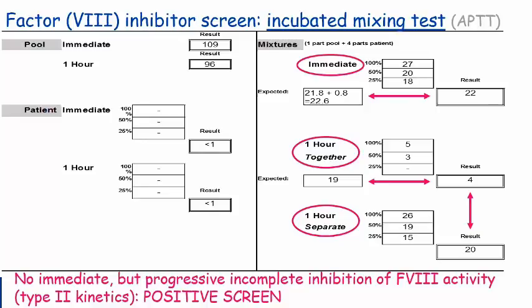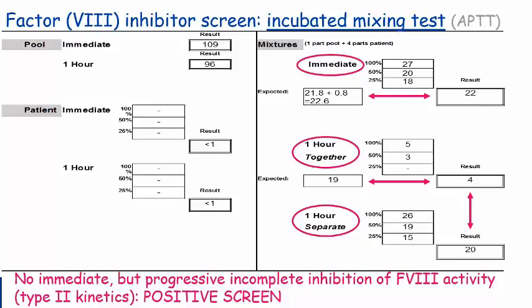A test that we developed a long time ago at Mayo Clinic uses the incubated test in a factor VIII assay system. So on the right, you can see the immediate mix. It's a 4-to-1 mix of plasma from the patient and normal plasma. You can predict, where it says expected, the results you would get, and you compare the results you get with the predicted result, which should be within 1 or 2%.